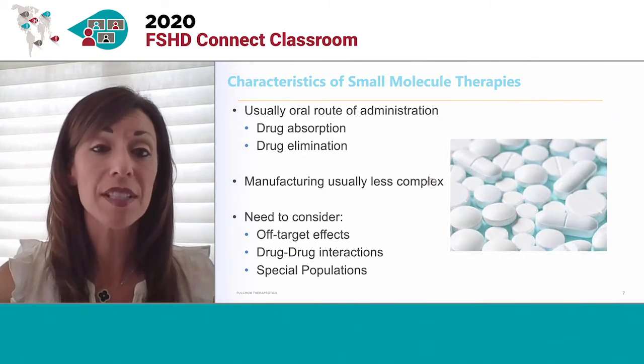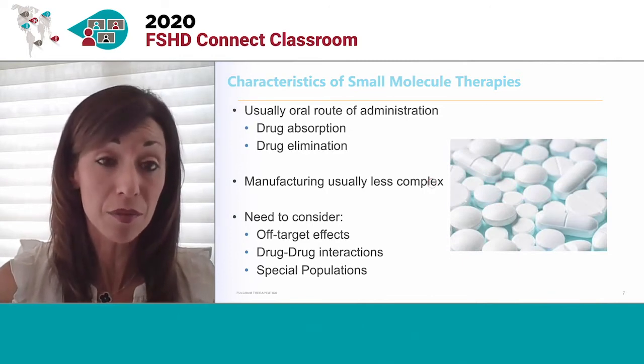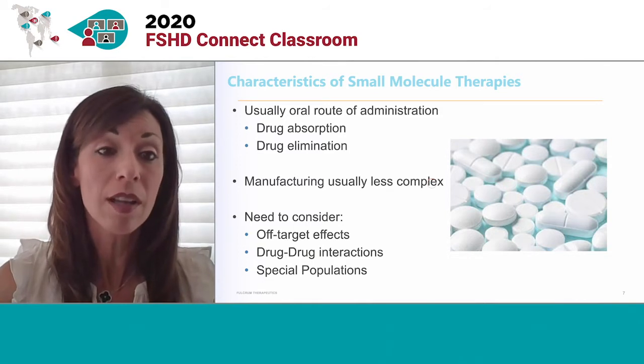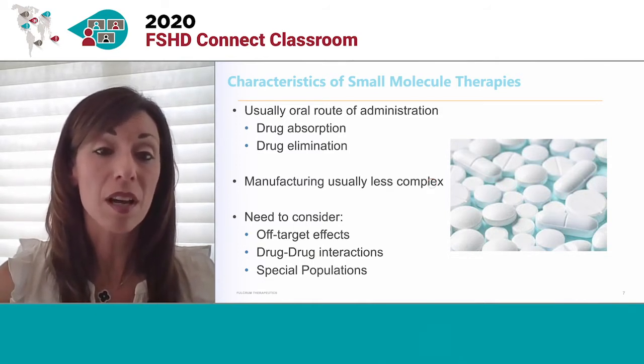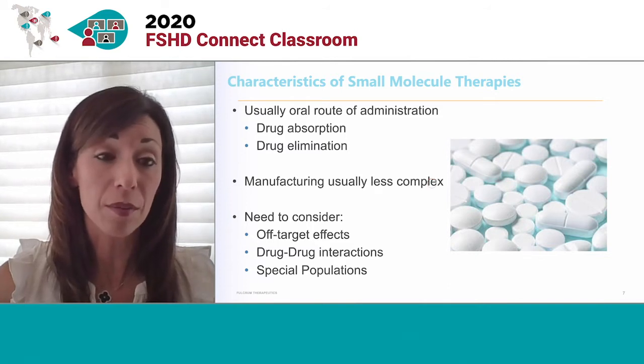Some of the characteristics that make small molecules desirable are their route of administration, which is usually oral, and their manufacturing is usually less complex than other types of molecules or therapies.